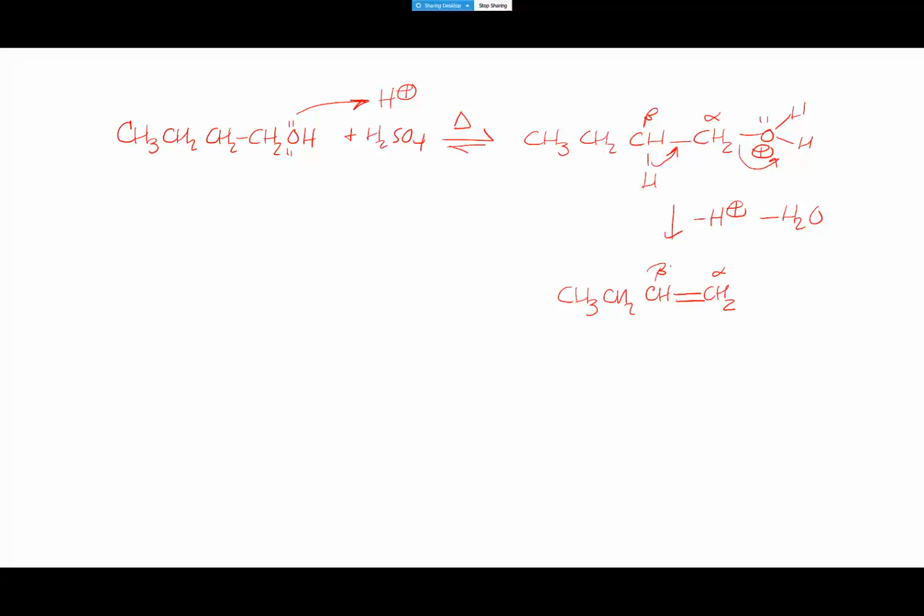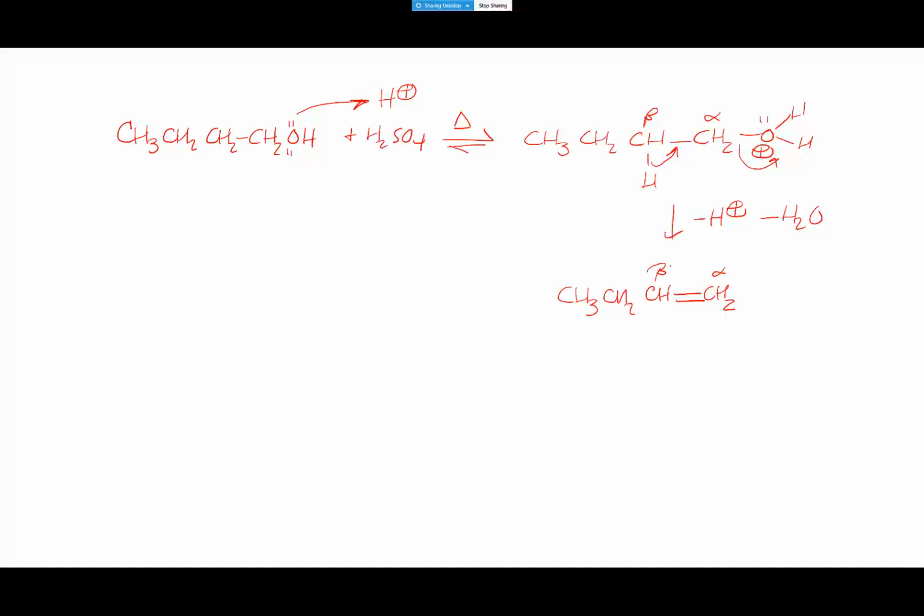So when I'm doing these dehydration reactions, I'm doing E1 or E2. And we haven't talked about E2 with alkyl halides yet. But in E1, what did we always form the double bond? We always formed the double bond between the alpha and the beta carbon.